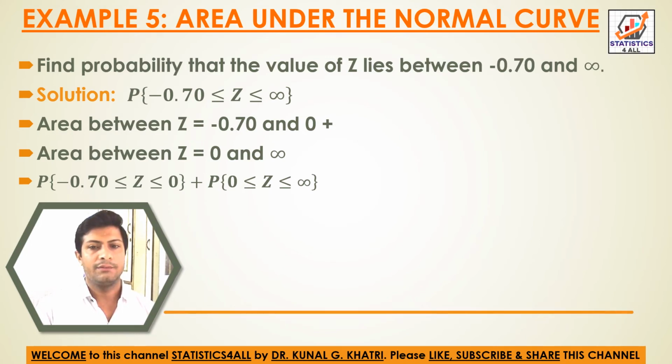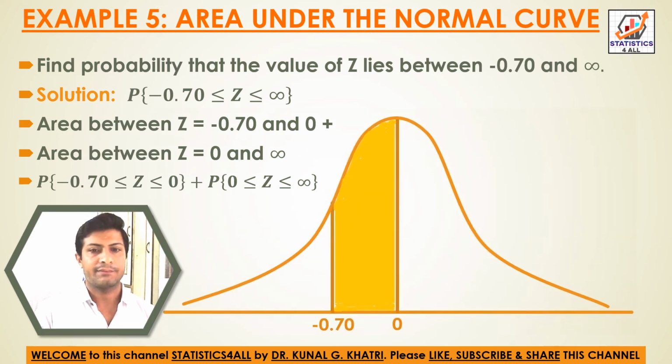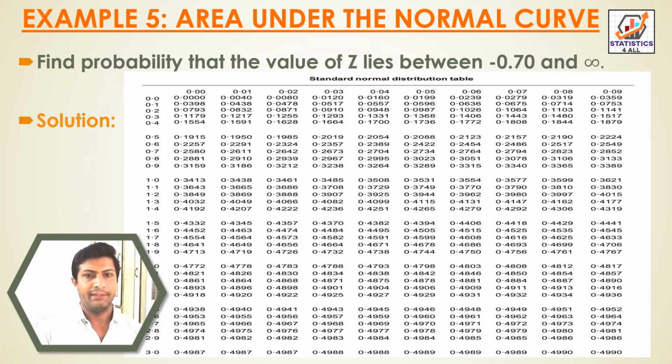So here is the normal curve, mean 0, on the left-hand side minus 0.70, and on the positive side infinity. The yellow shaded area is minus 0.70 to 0, and the other shaded area is 0 to infinity.